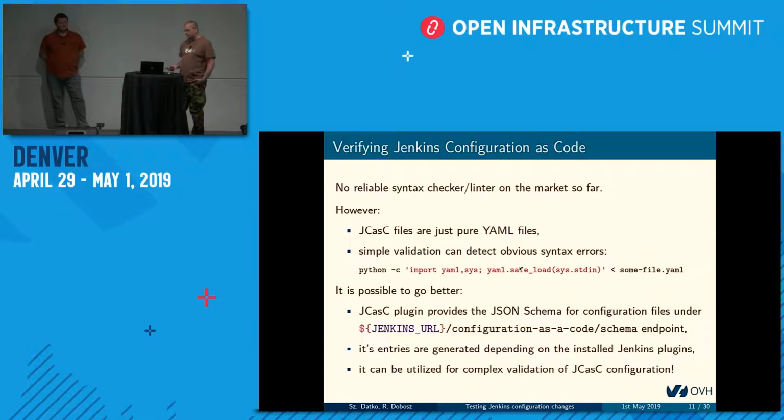But we could do better, right? There is a JSON schema generated by the JCasC plugin, so we can use it against those configuration files and check whether they are correct or not.